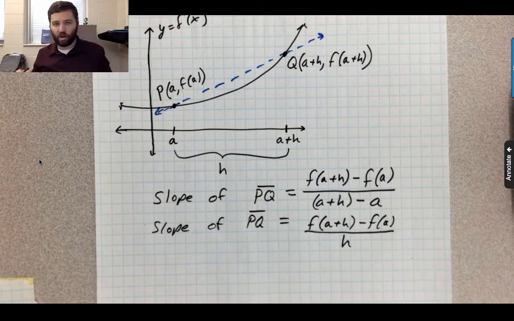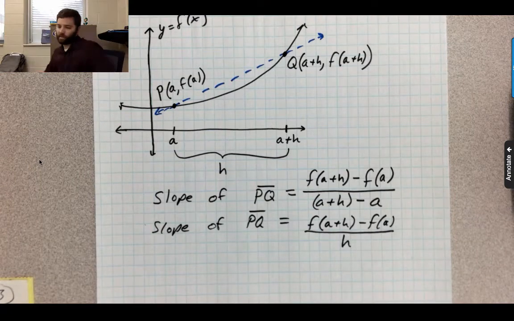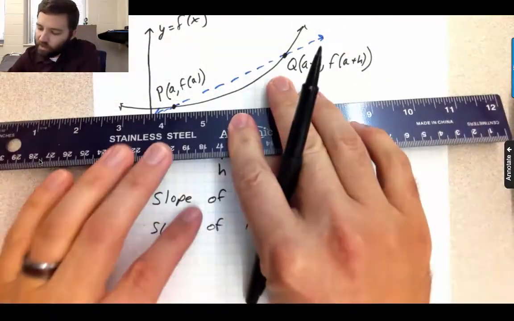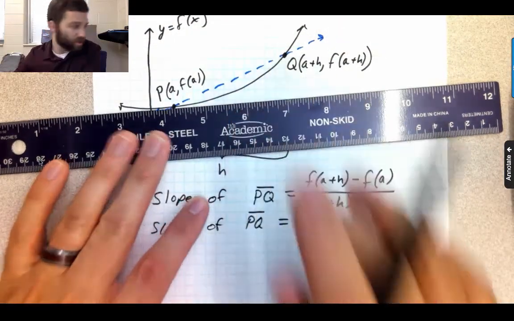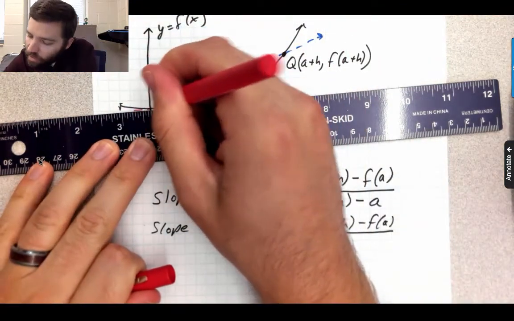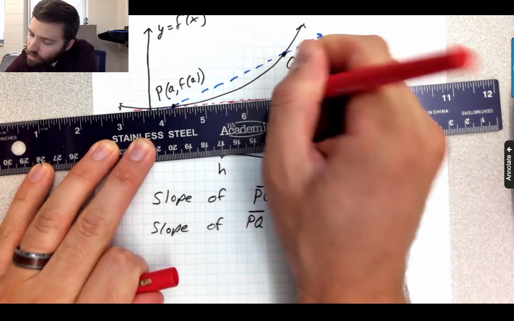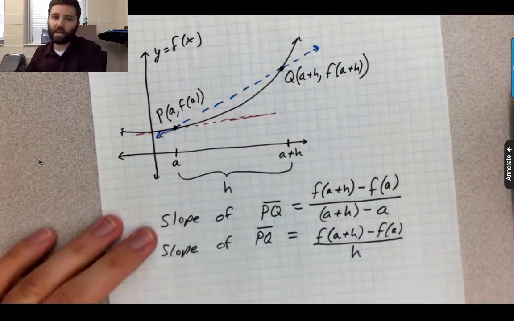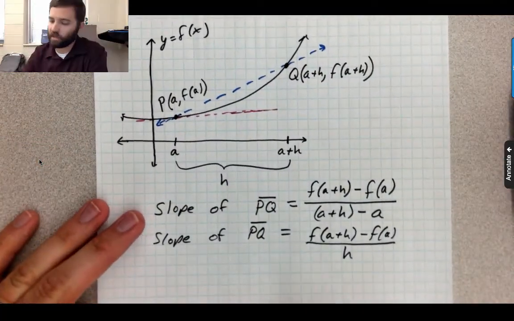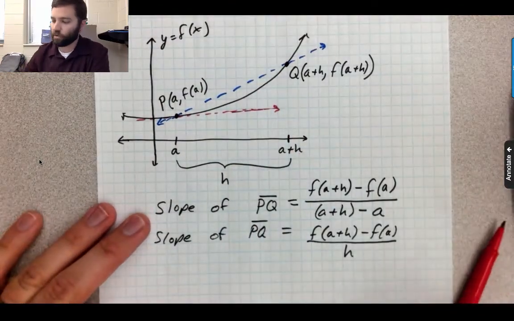But what we really want is ultimately the slope of the tangent line, and I should have got my, oh, I do have my ruler. All right, so what we really want is the slope of the tangent line, which is here in red. Now, to figure out the slope of the tangent line, what we're going to do is let h get smaller and smaller and smaller, and in other words, we're going to let h approach 0.